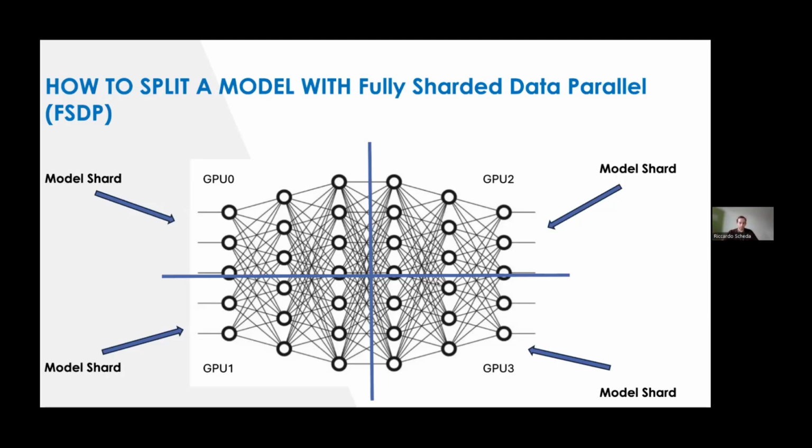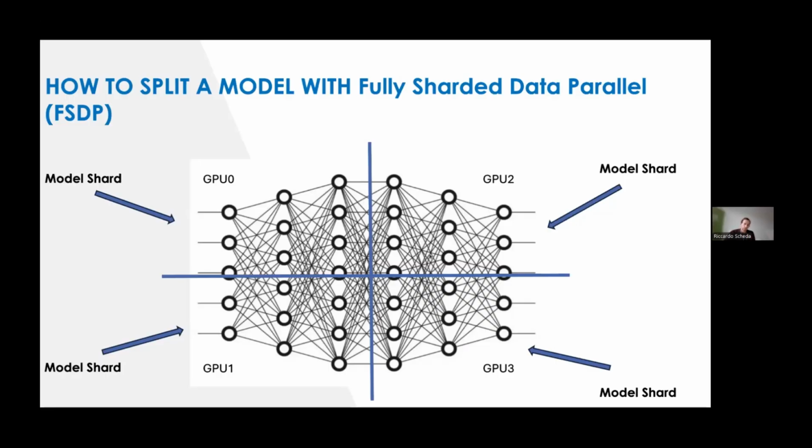Here, instead, you do a mix, in which if you have a model, you take a model shard, like in GPU 0, which is literally a part of the neural network, and you do that for all of the GPUs.